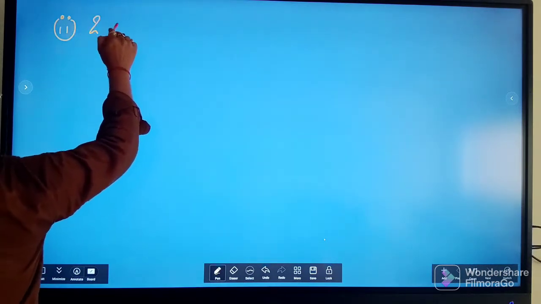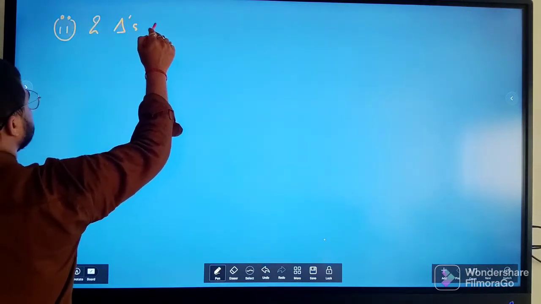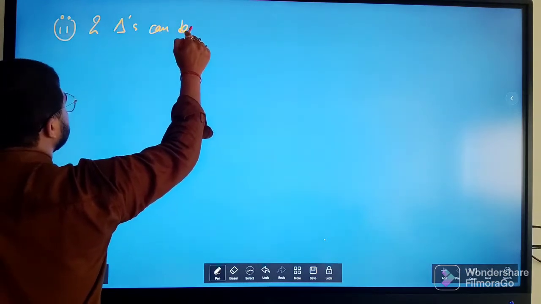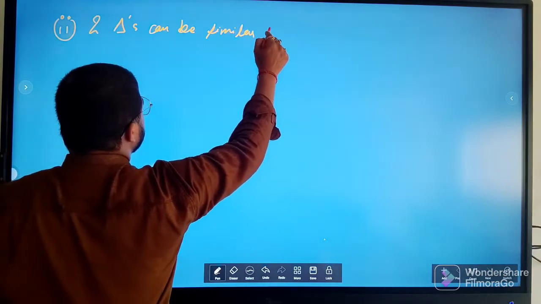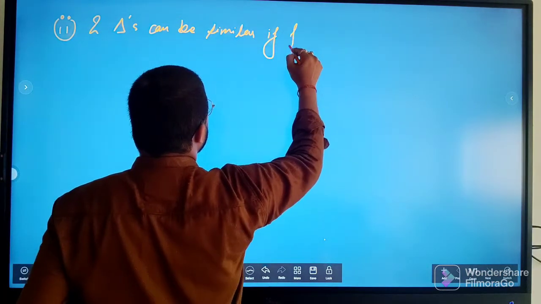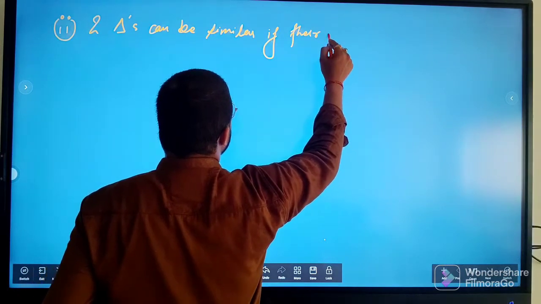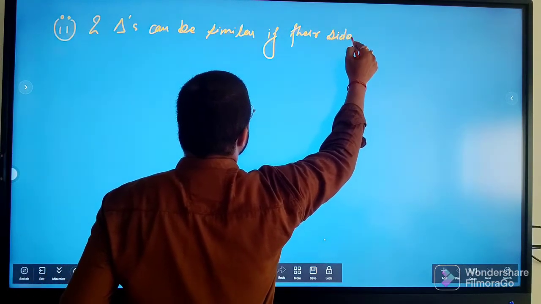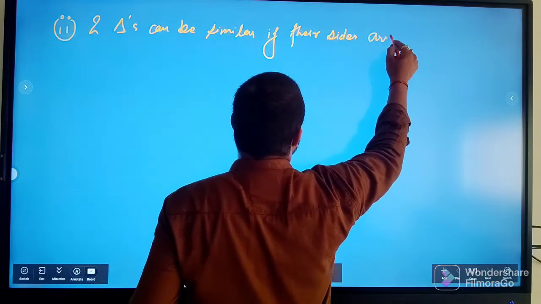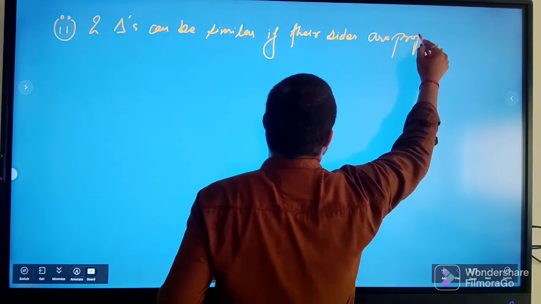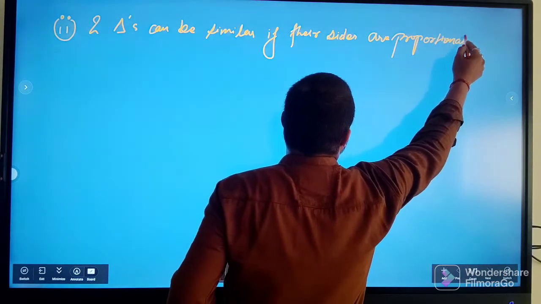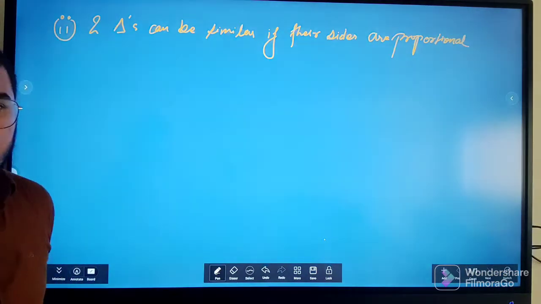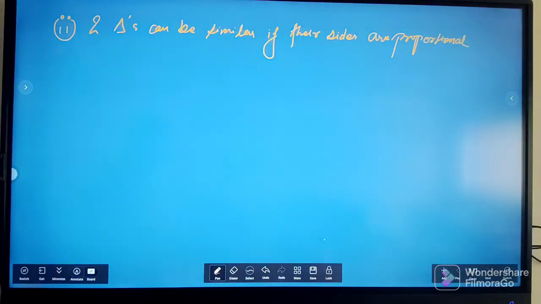Two triangles can be similar if their sides are proportional. Two triangles are similar if their sides are proportional.